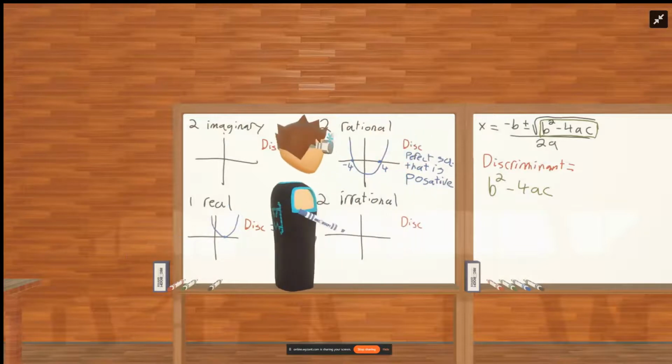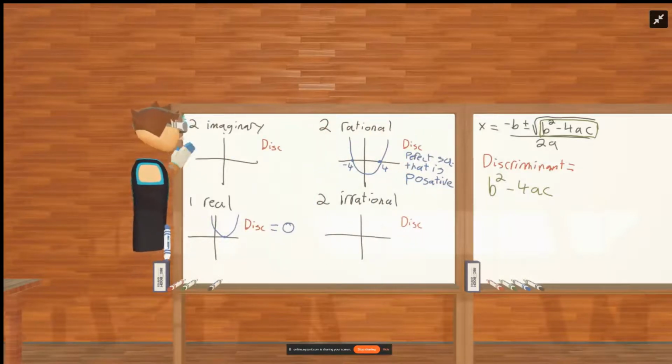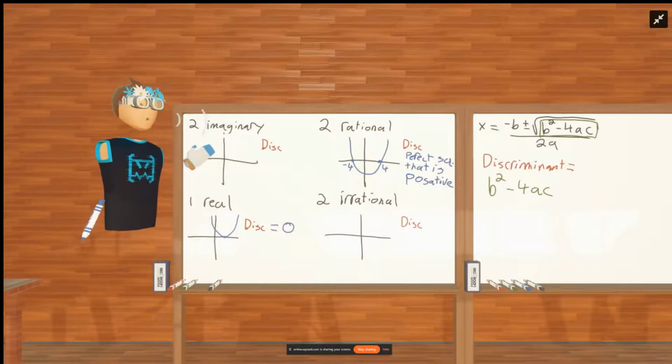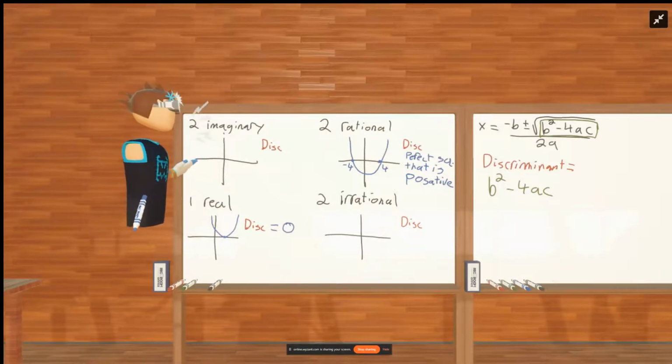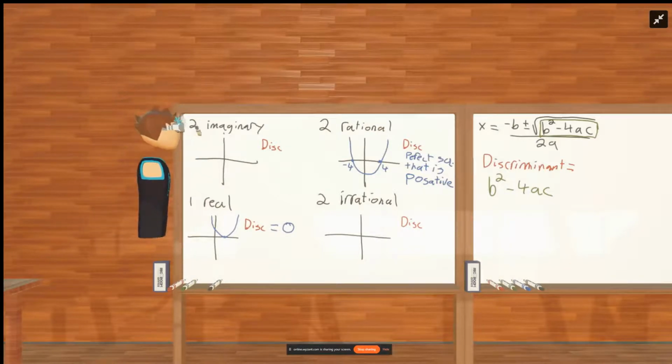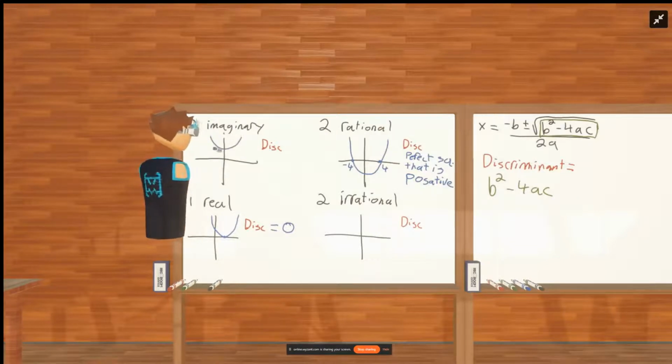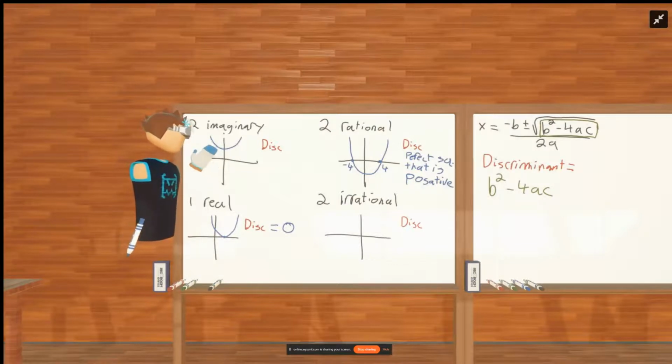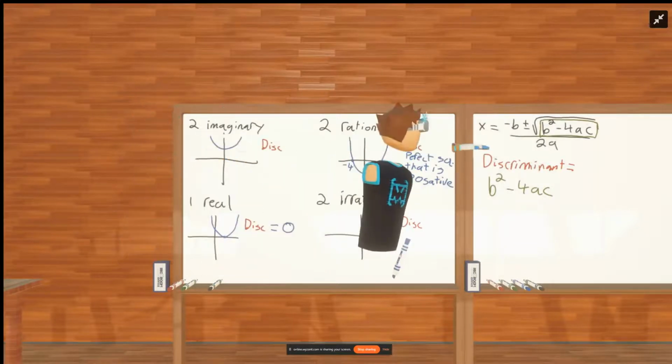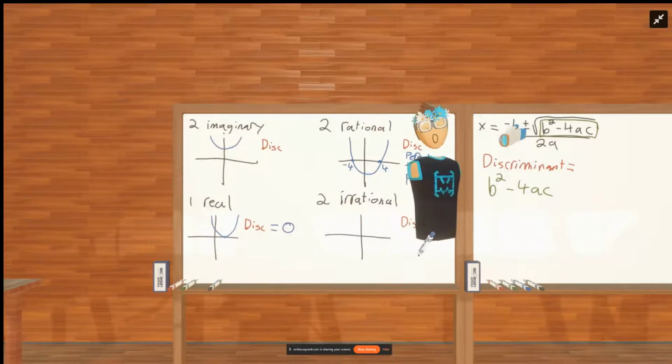All right. So the next one we can go over is 2 imaginary roots. And with the 2 imaginary roots, this is when a parabola doesn't even touch the x-axis. So that just comes down and up. There's nothing there. In this case, you have to get a situation where the discriminant is imaginary. Well, what does it mean to be imaginary?